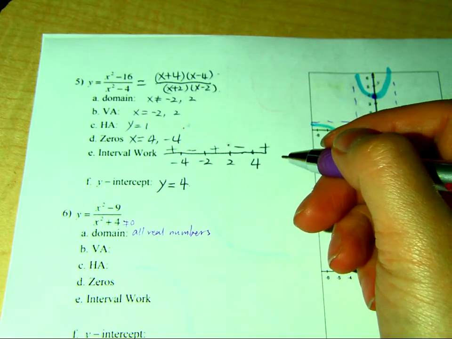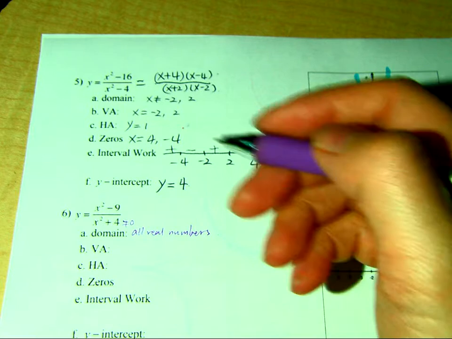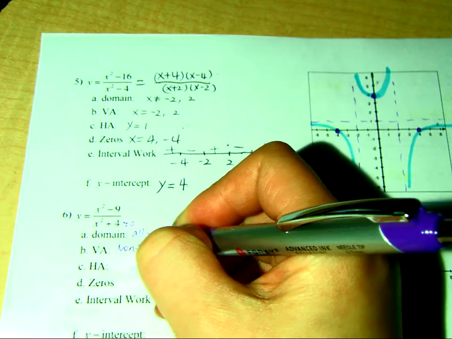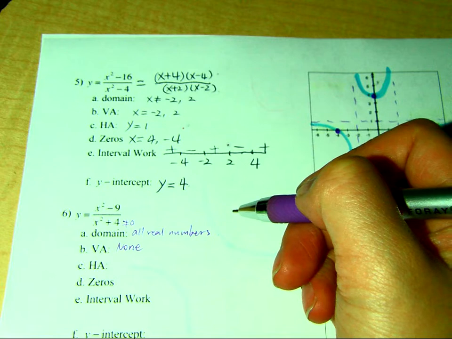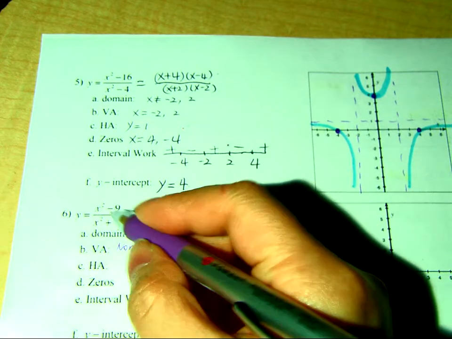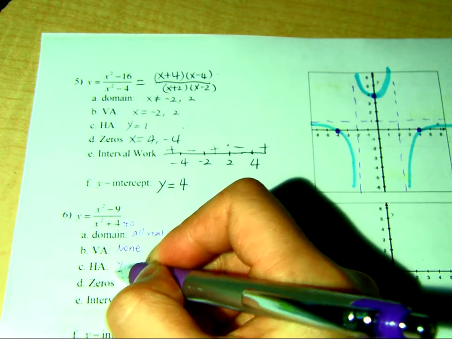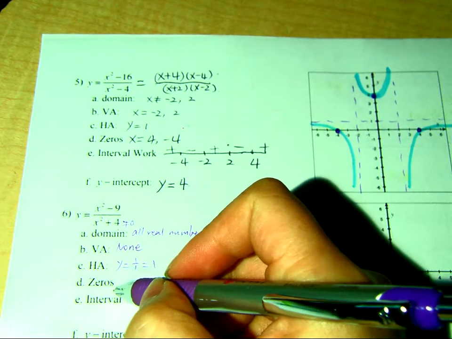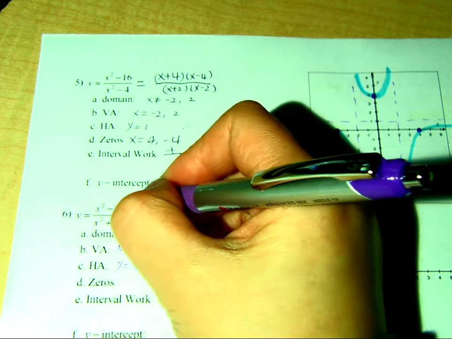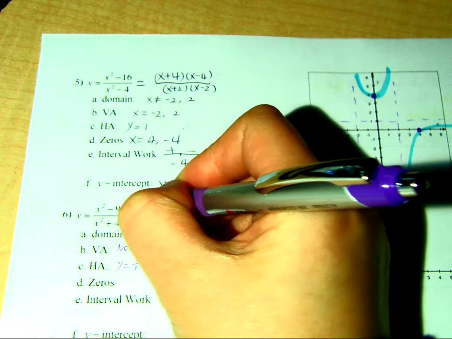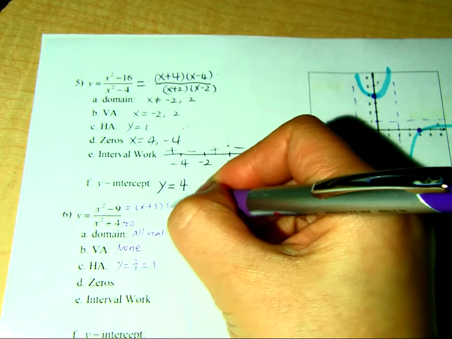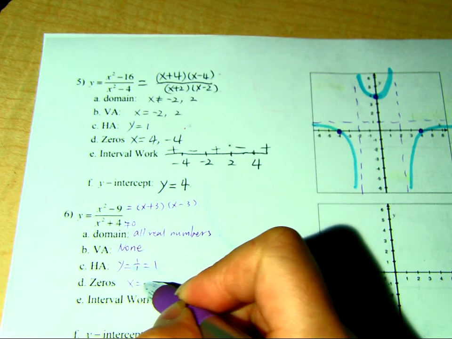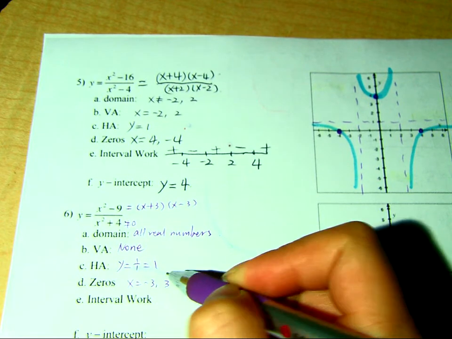And how about VA? If x can be any number, there are no asymptotes. There's no gap. That's why there's no VA for this question. And HA is equal power, so it will be leading coefficient 1 over 1.